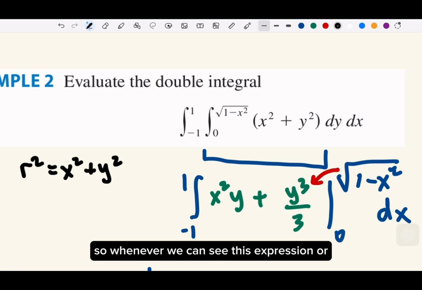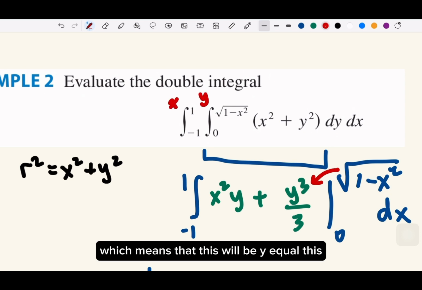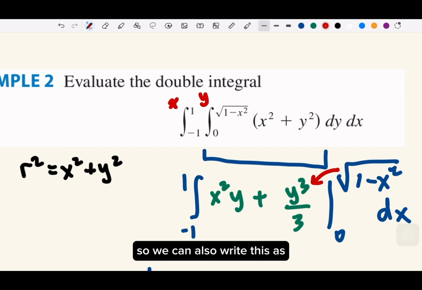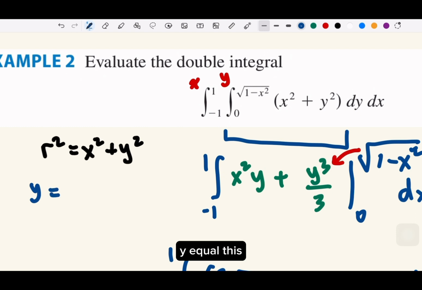So whenever we see this expression, this is for x, this is for y, which means that this will be y equal this, right? So we can also write this as y equal this.